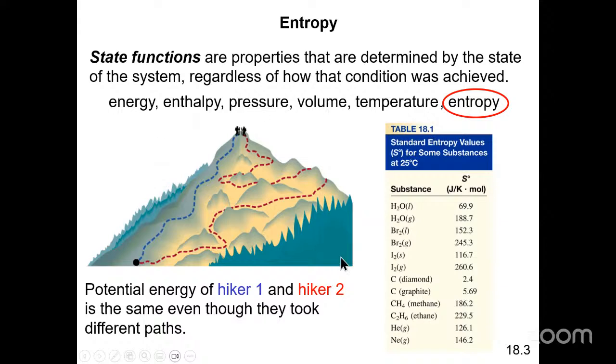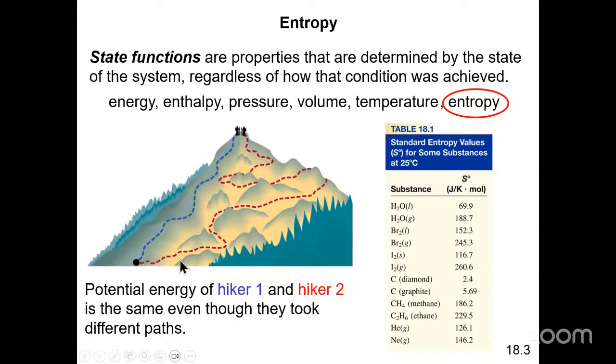Entropy is also a state function, and just like any other state function, the change in entropy is based only on the initial and final state and not dependent on how you get from the initial to final state. This diagram illustrates what we mean. If you have two hikers, one traveling this pathway and the other traveling a longer pathway to the peak, the change in height would be the same.